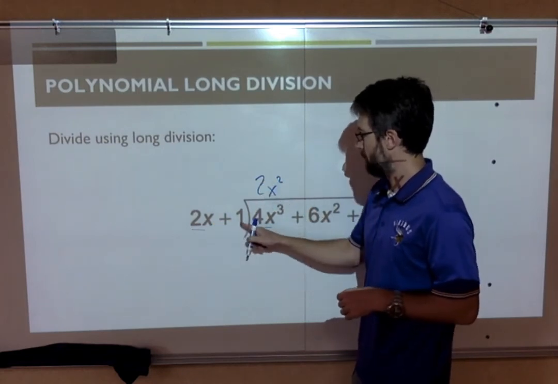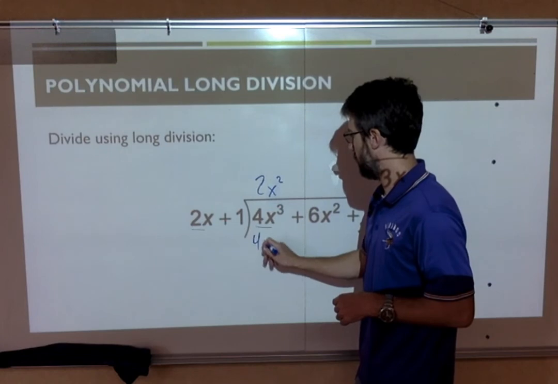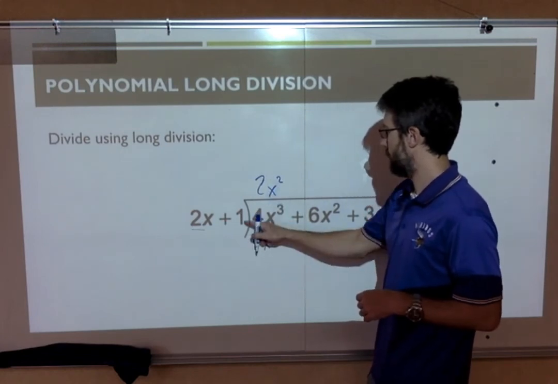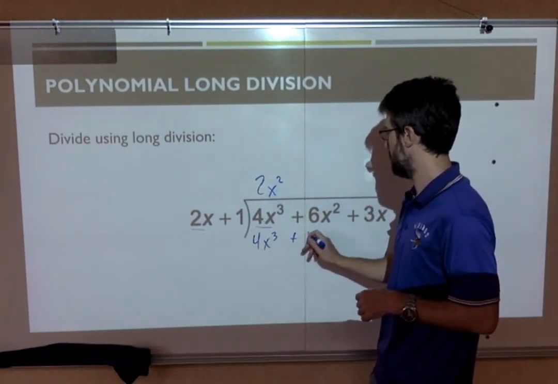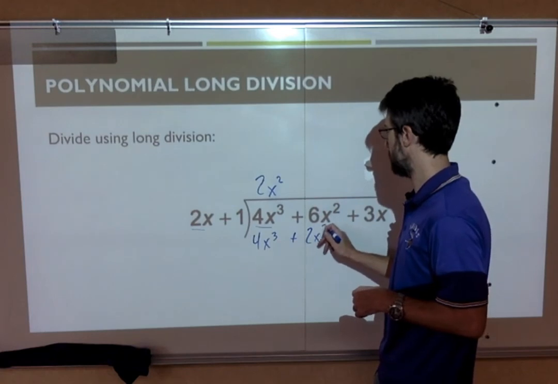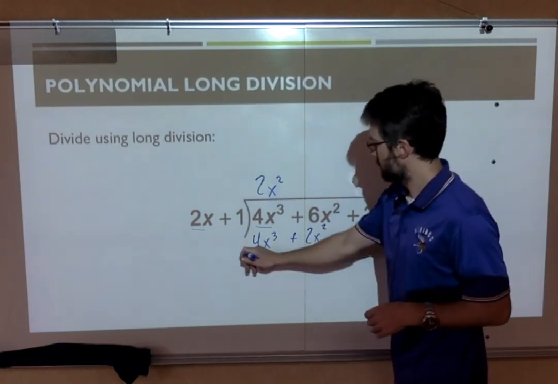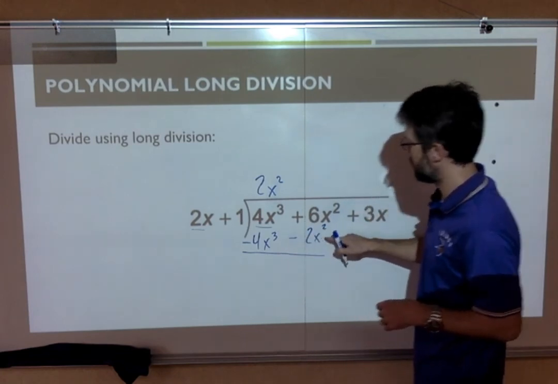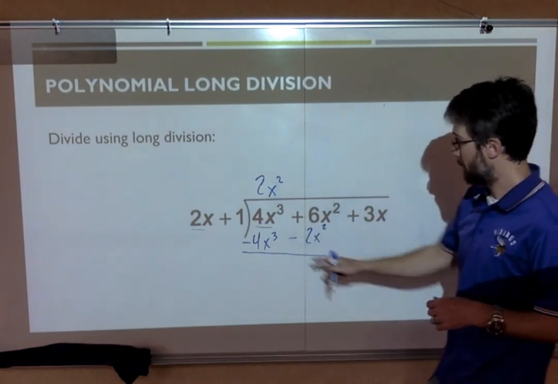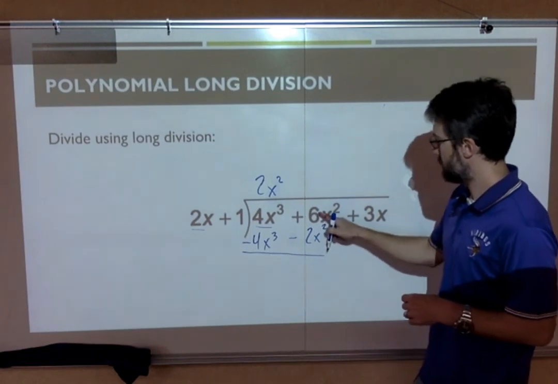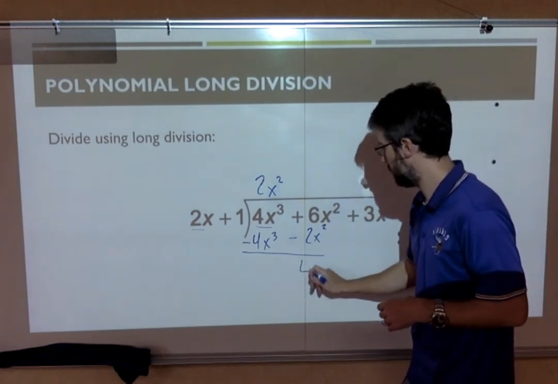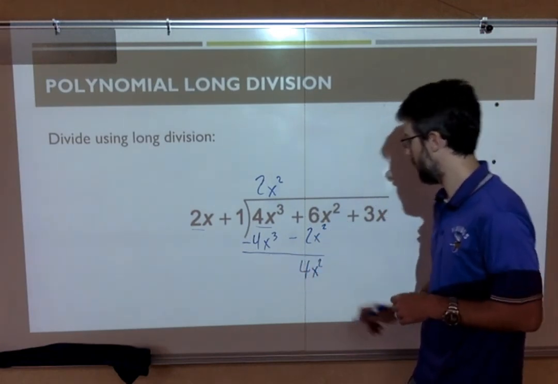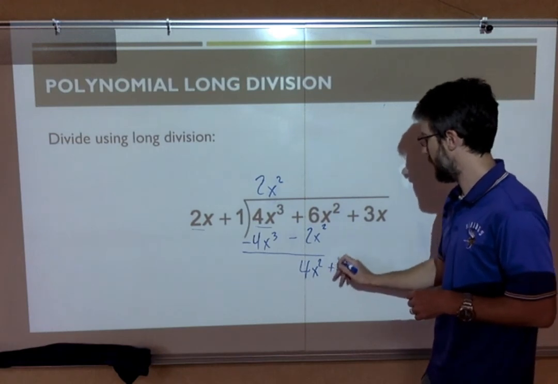2x squared multiplied by these two is 4x cubed. 2x times 1 is 2x squared. Subtracting, so now we're changing the sign, so this one becomes a minus 2x squared. Those two cancel out. 6 minus 2 is 4x squared. Bring down the 3x.